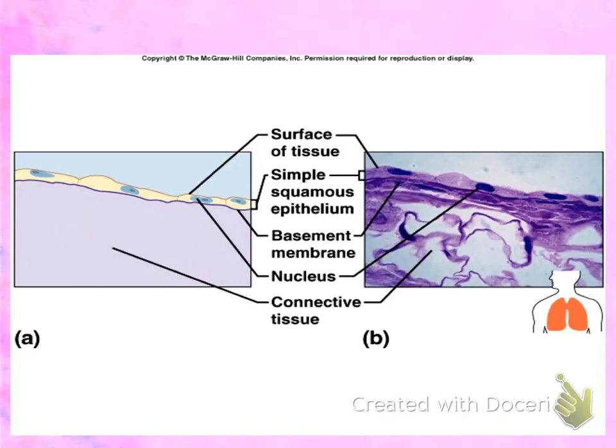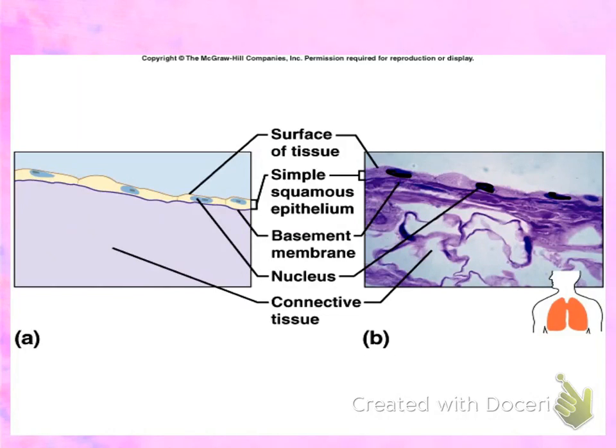You know that this is simple squamous epithelium because you see that there is only one layer of epithelium. And I can see that the cells are flat.